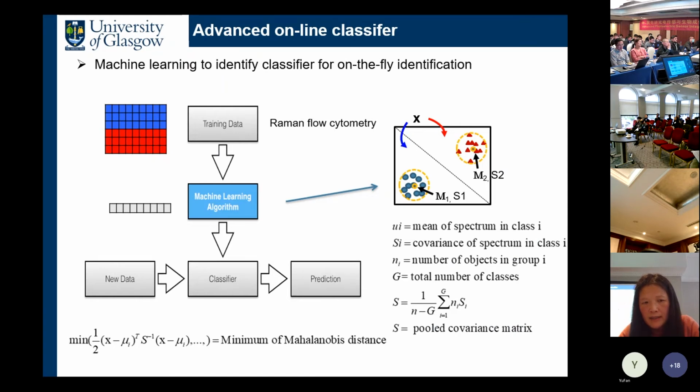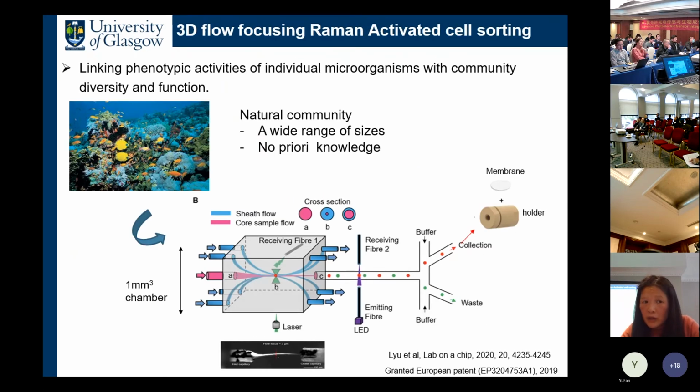But we have to consider that this is on-the-fly classification, so the computation time is important. So here we use LDA to classify the spectra, and then use that as a criterion to sort cells. Very soon we realized, when we started to look at the dark matter, at environmental microorganisms, that they are very complicated.